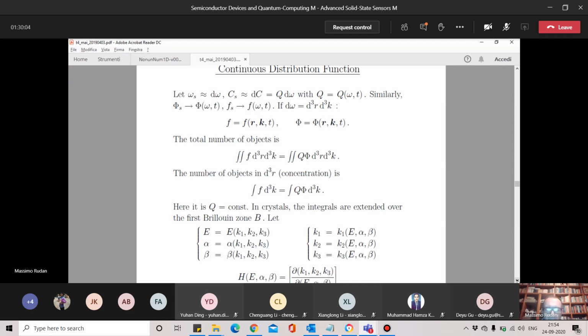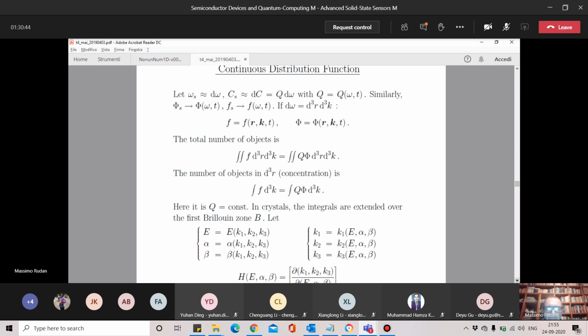And particles in the quantum description are described by a position, and the position is R, by a momentum, and this momentum in the quantum case is represented by K, that, as you remember, is proportional to the average momentum. And finally, there is a dependence on time, okay, in general, in a dynamic situation.